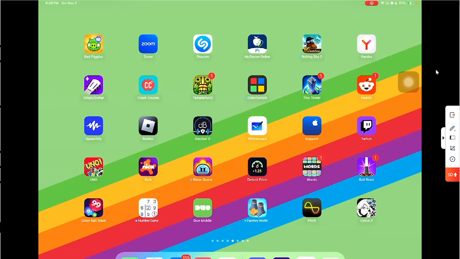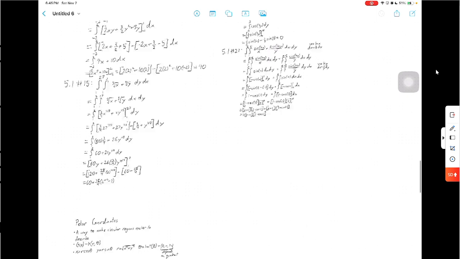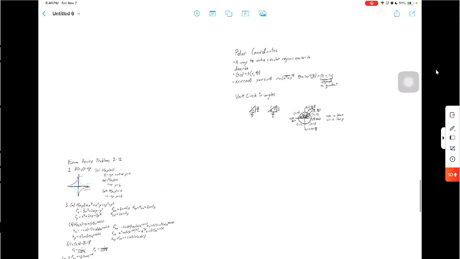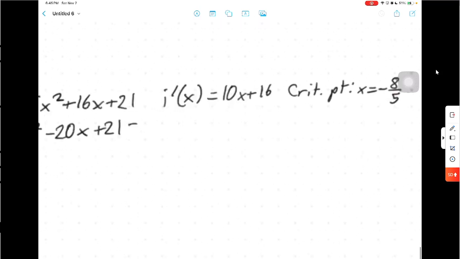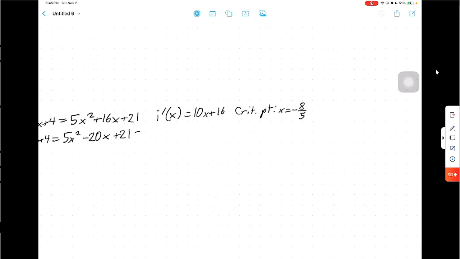So our critical point is x equals negative 2, right on the boundary. And then your critical point is just x equals 2.